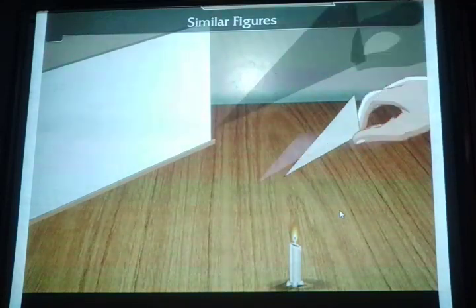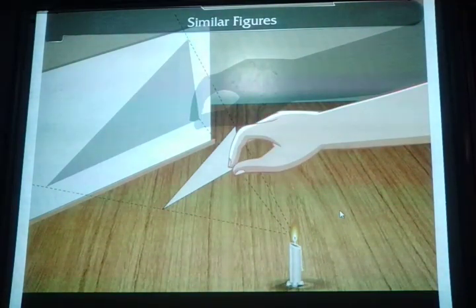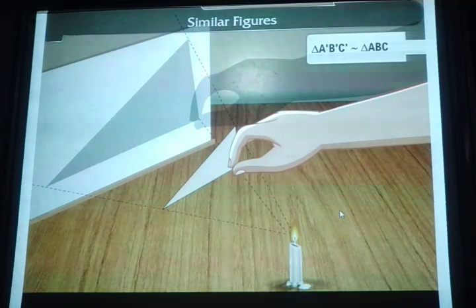Hold it between a point source of light and a screen. Observe the shadow cast by the figure on the screen. The shadow will have the same shape, but is larger in size. The shadow A', B', C' is similar to the original triangular cutout ABC.